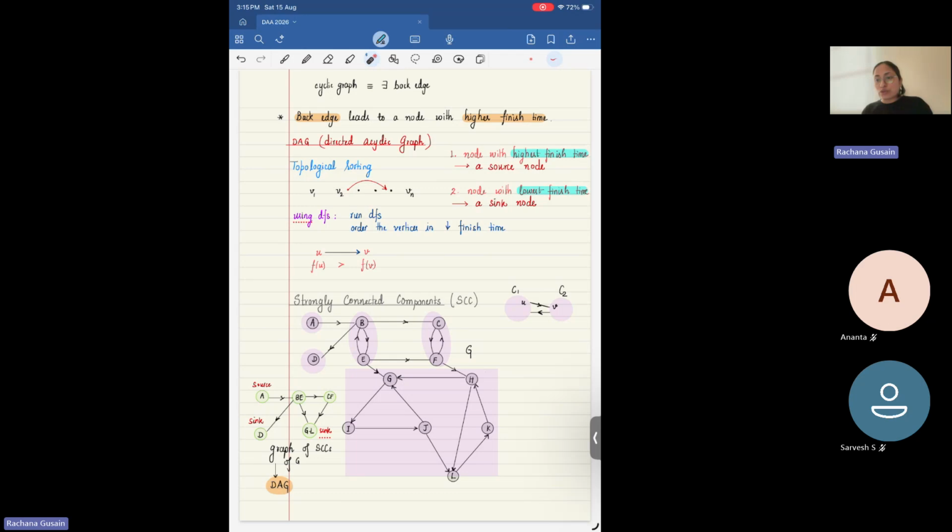So we'll see two very interesting examples where we use DFS, especially those start and finish numbers associated with every node in the DFS tree, and how to use those to solve graph problems. Okay, so one problem is on a directed graph, where I'm given a directed graph and I want to, just one second here.